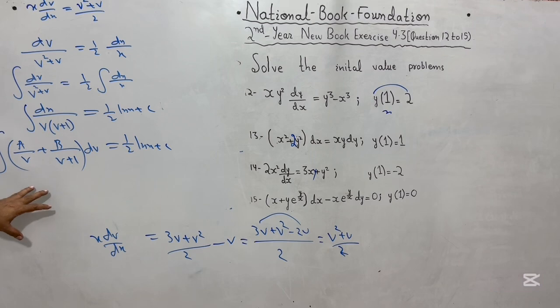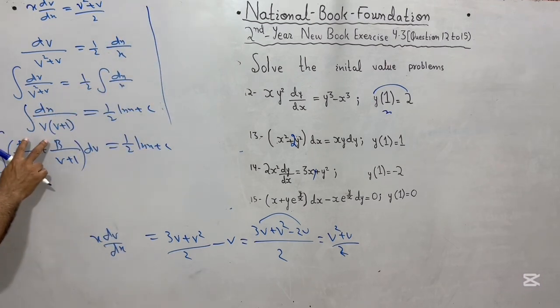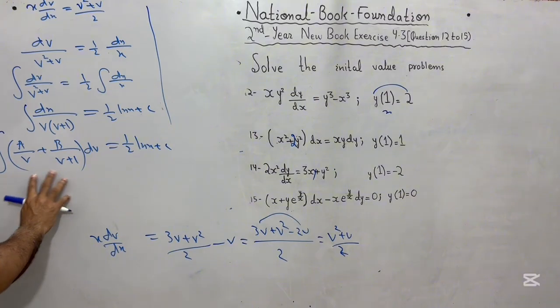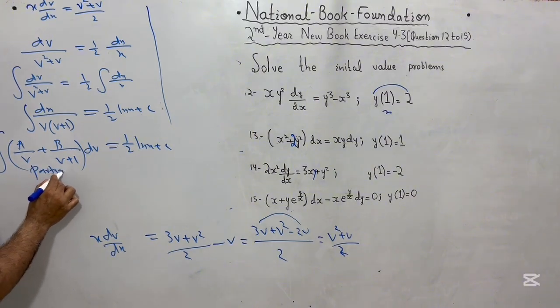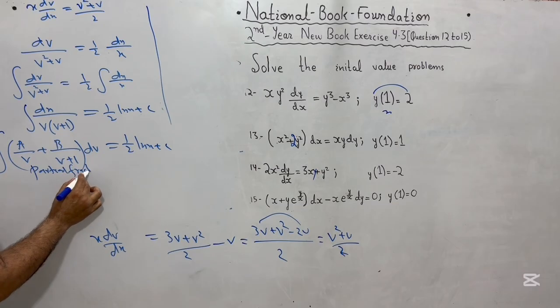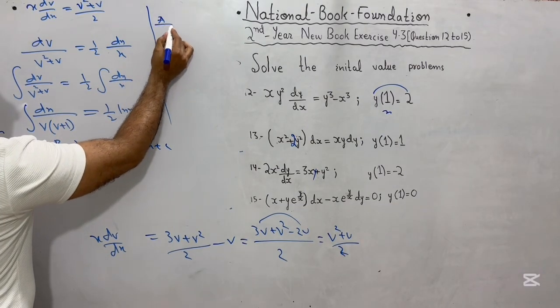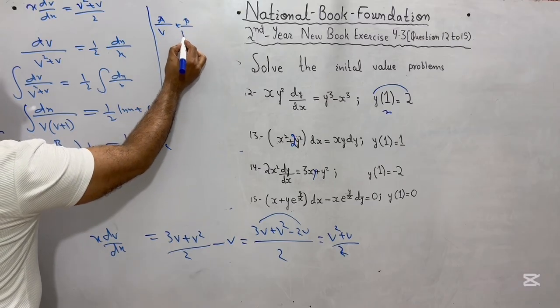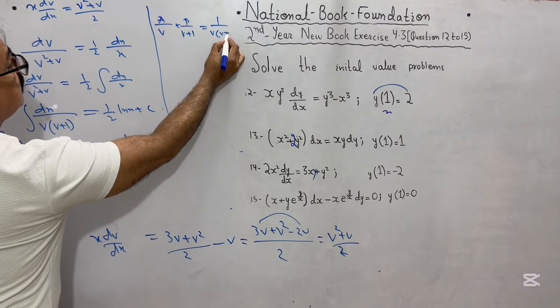Now take this portion and take a partial fraction. Determine the value of a and b, put here and integrate. For partial fraction, I am taking that tiny portion to be solved to integrate. It is a over v plus b over v plus 1 is equal to 1 over v times v plus 1.